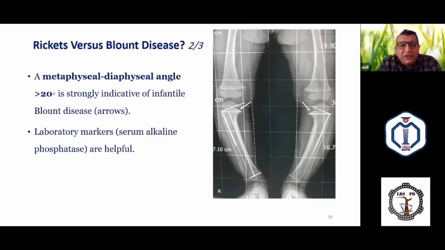So the cutoff value is possibly 20 degrees. Laboratory markers are important because if the alkaline phosphatase is elevated, and of course, if you have rachitic changes on X-ray, that is an indicator that the patient is rachitic and not Blount.